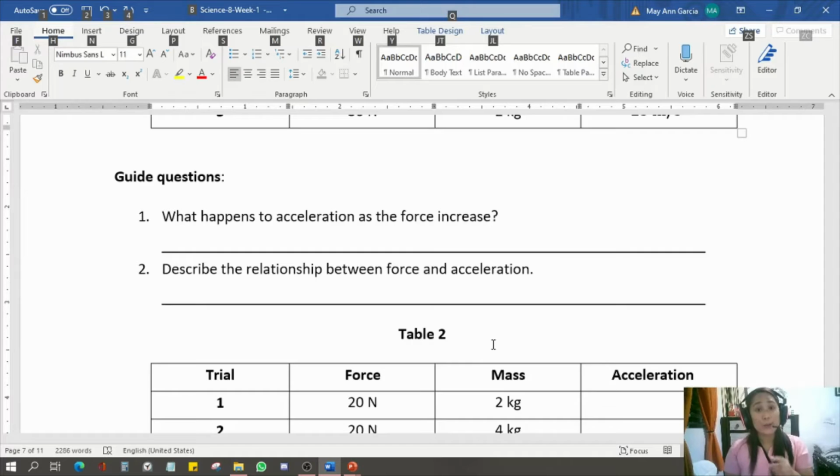Or you can just simply write down or check your answer if it is directly proportional. As simple as that. Force is directly proportional to acceleration. So that is equivalent to 2 points. Don't forget to write your score at the side.